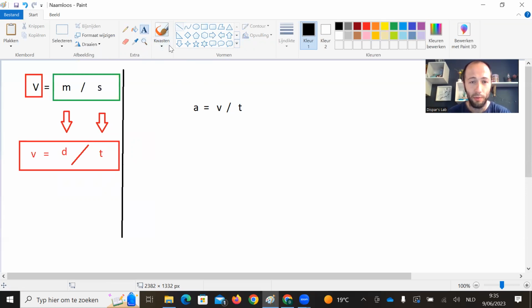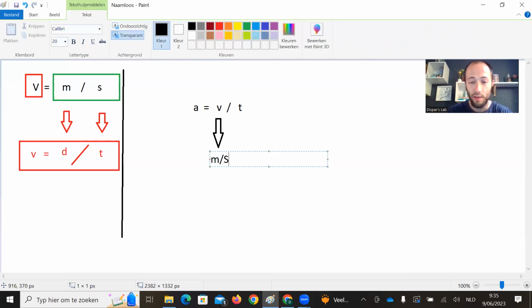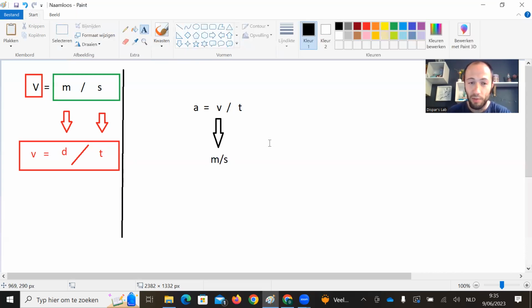Now, if we take into account the units at the same time, the unit of velocity is meters per second. So if I'm saying velocity over time, I'm just using the quantities. But if you're going to use the units, then we have units of velocity, meters per second, and units of time, which is seconds.